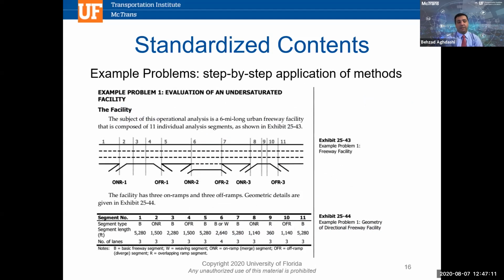Another standardized thing that we have in HCM 6 edition is that all example problems, right now they're in volume 4. Previously in HCM 2010, example problems were part of methodological chapters in volume 2 and 3. But in HCM 6 edition, basically all of these migrated into volume 4.